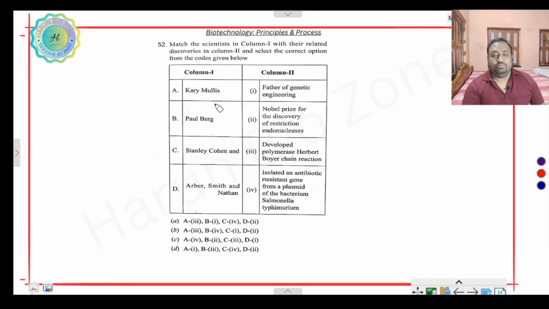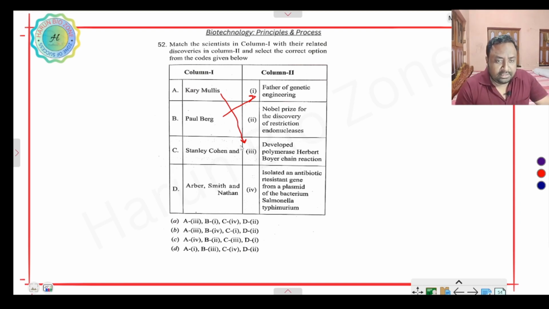52. Match the following. Kary Mullis discovered the PCR, polymerase chain reaction. Herbert Boyer, father of genetic engineering. These three. Stanley Cohen, isolation of antibiotic resistance gene.